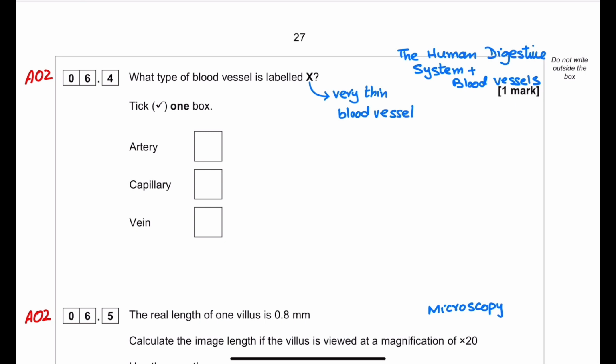This question is from the human digestive system and blood vessels. Tick one box. Three kinds of blood vessels are given in the question: artery, capillary, and vein. If you look at the structure of X in our diagram, it is very thin.